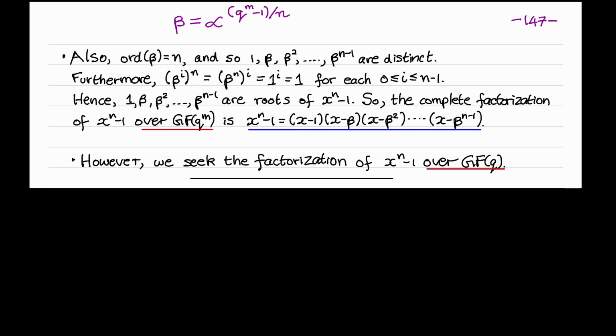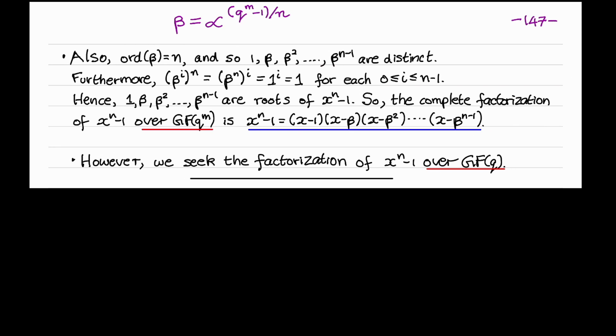But this is not the factorization that we seek, because the coefficients of these linear factors, for example beta and beta squared, are in GF(q^m), not necessarily in GF(q). And so this is the complete factorization of x^n - 1 over GF(q^m). But this may not be a factorization over GF(q).